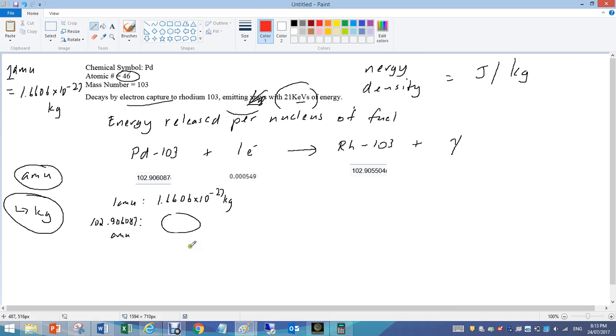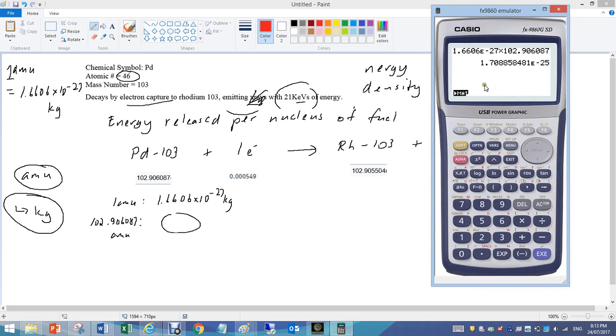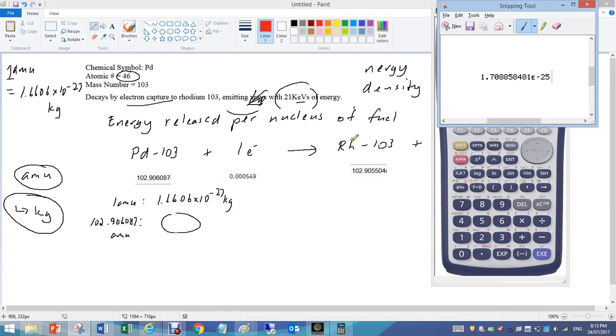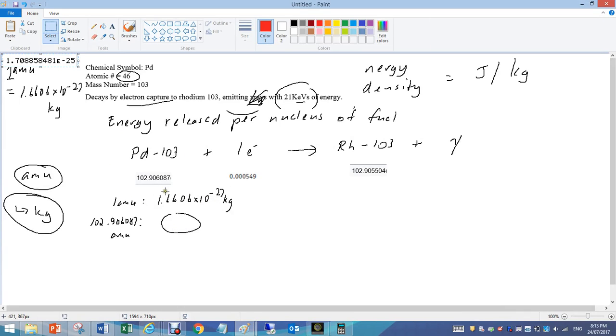So we've got 1.7, and use quite a few decimal places. And there we go. That's how many kilograms in 102.906087 AMU of palladium 103.